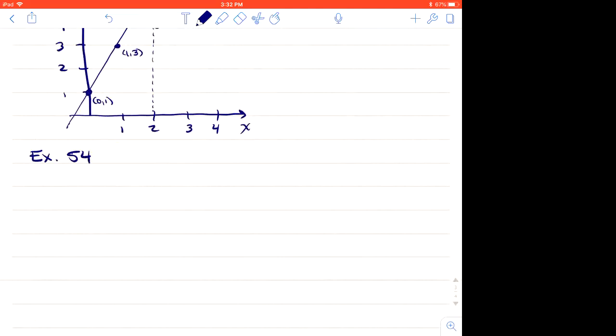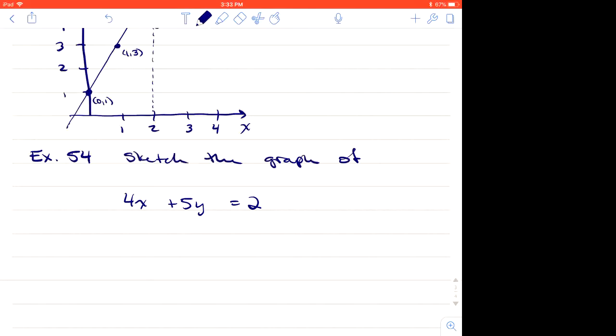Example 54. Sketch the graph of 4x plus 5y equals 2. All right.